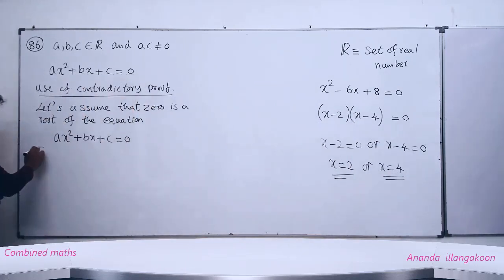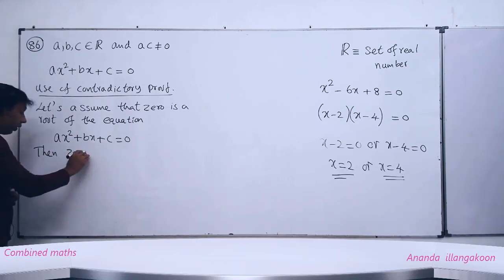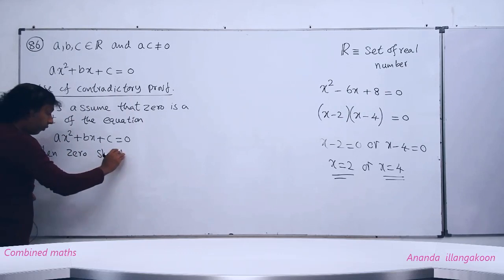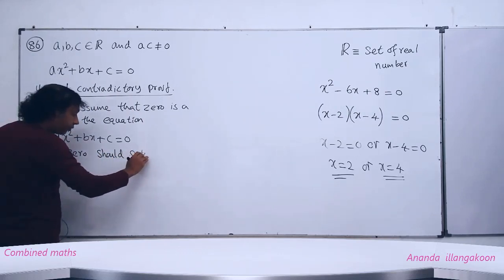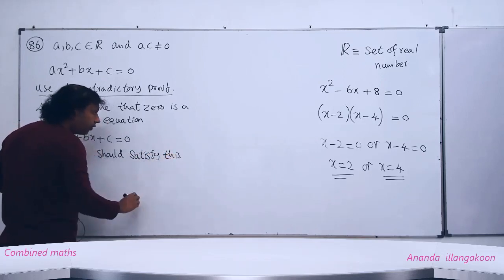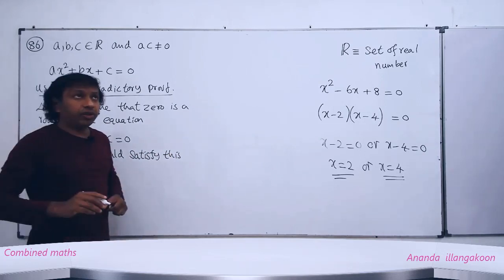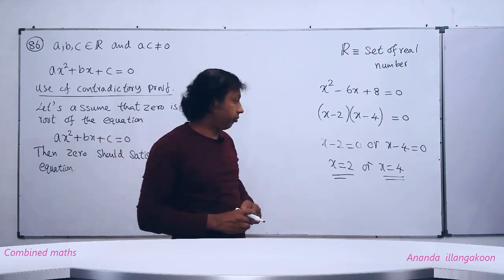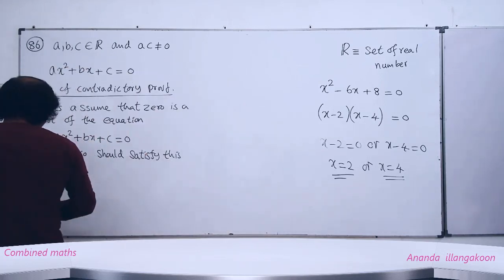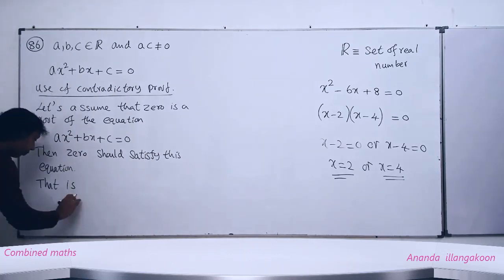Then write down, then 0 should satisfy this equation. You know the meaning, people? Satisfy. Right. That is, put 0 here for every x.